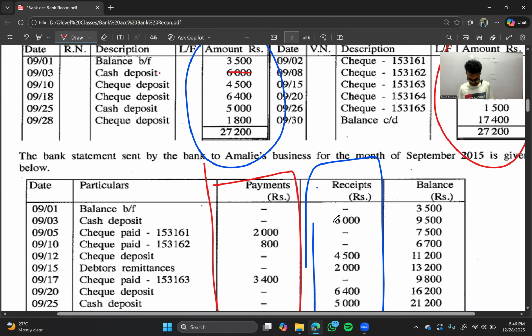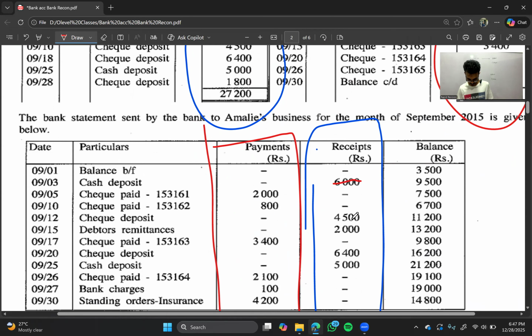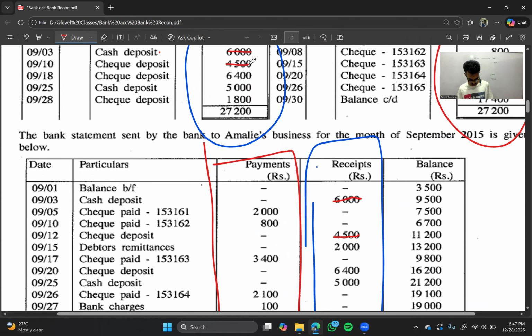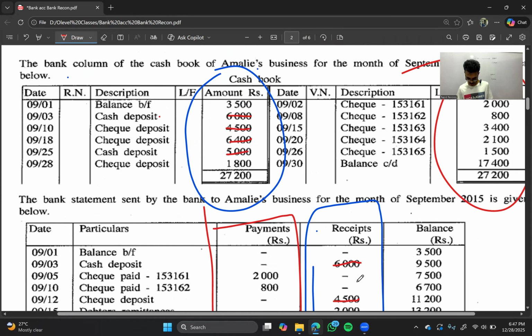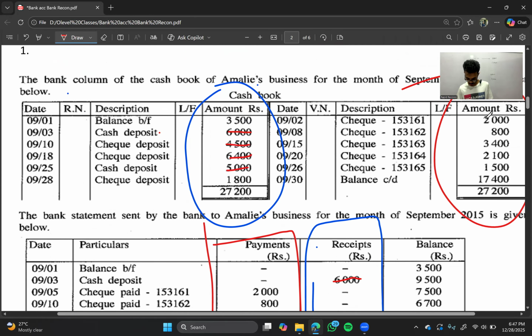6,000 is there. The 6,000 is there. 4,500 is there. 4,500 is there. 6,400 is there. 5,000 is there. And then 5,000 is there. Okay. We'll check now. The 2,000 is there.